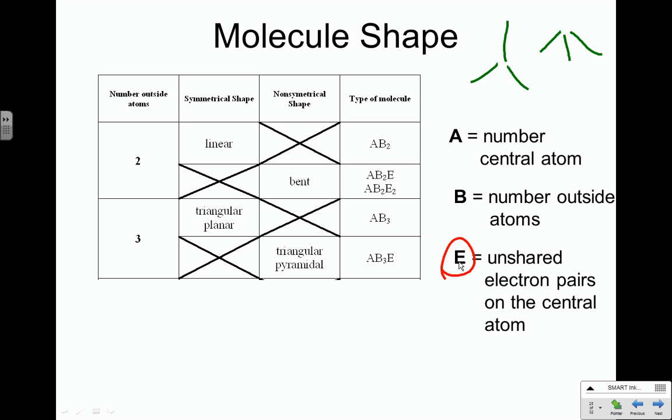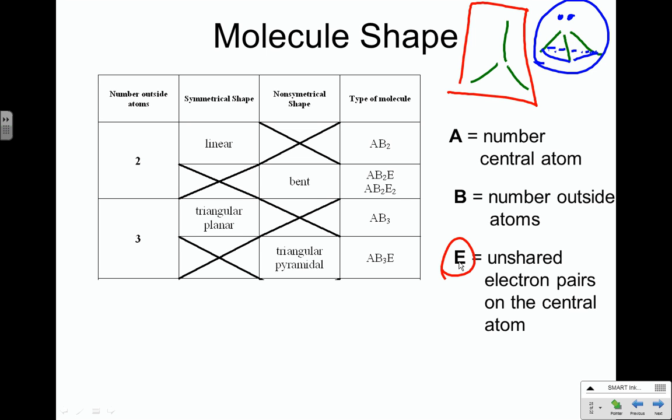So there are two types of three on the outside, or AB3 situations. And once again, the difference is, do we have an unshared pair? If I have an unshared pair, then I'm going to end up with this situation, which is my triangle pyramid. Remember, this kind of looks like a pyramid here. If I don't have an unshared pair, what I'm going to end up with is my triangular flat situation, or trigonal planar.